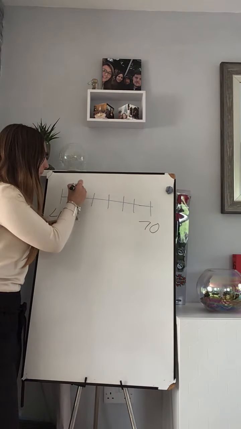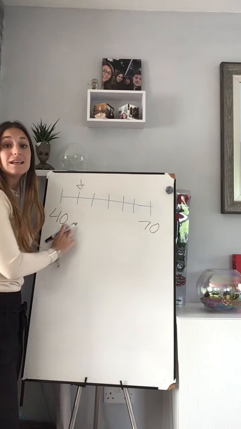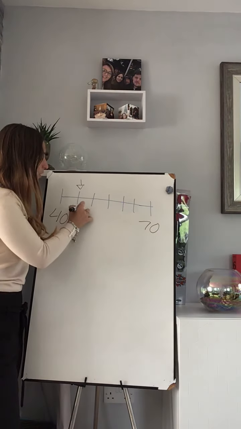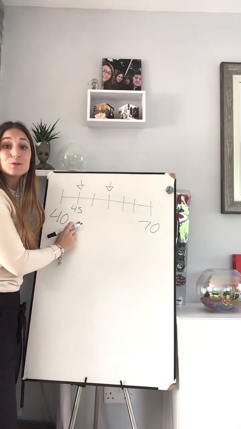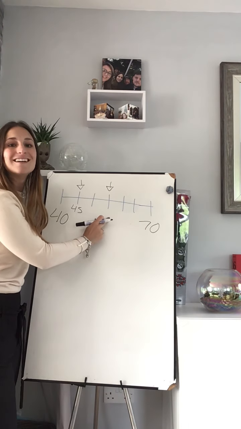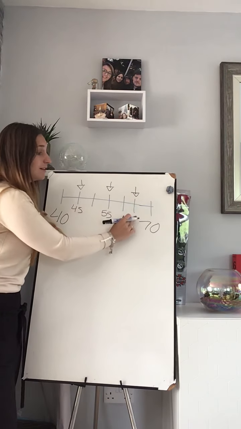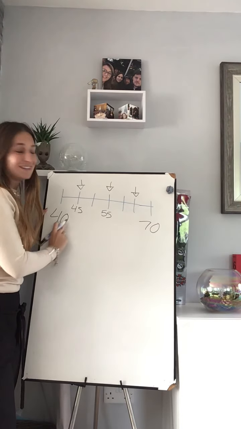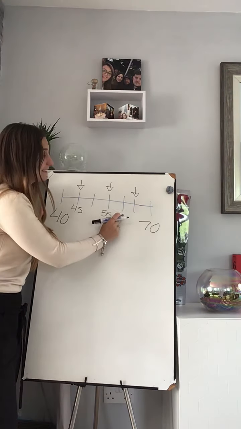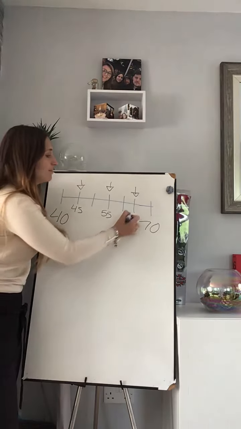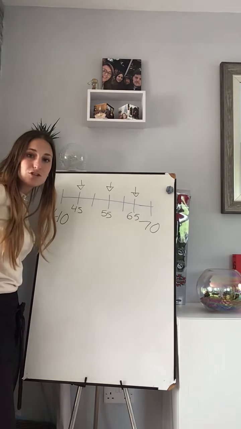So if I'm counting in fives, what number will be there? 40, 45. What number will be there? 55. Oh, wow. What number will be there, the last one? 65. Amazing. Next time I'm going to ask you to do it so you don't get it wrong, not like me.